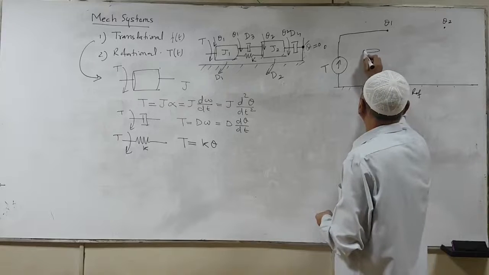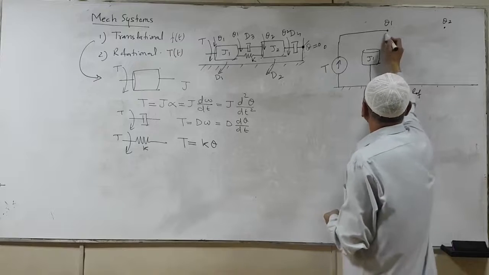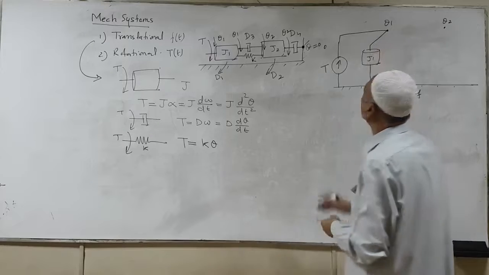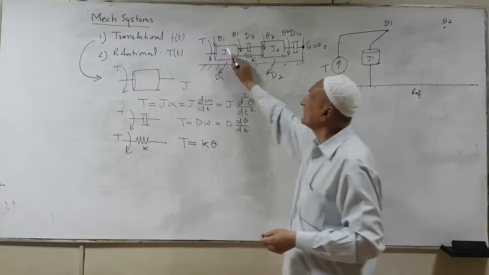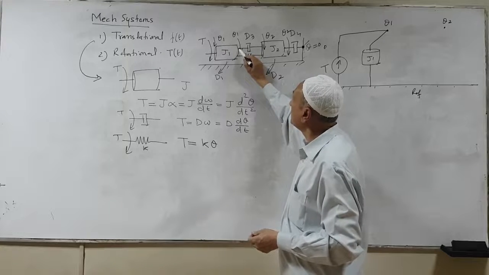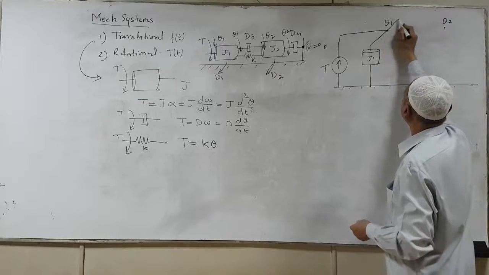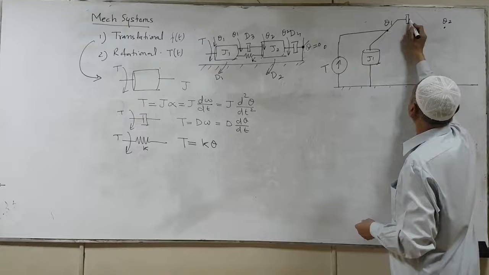So we have J1 connected to the reference, and it is also connected to the displacement node. And then what happens between theta 1 and theta 2? Between theta 1 and theta 2, we have two elements.